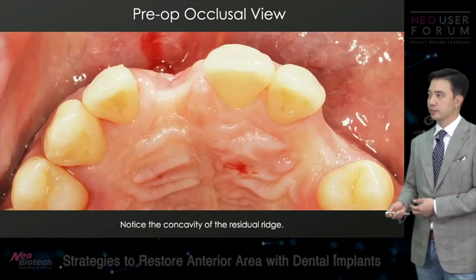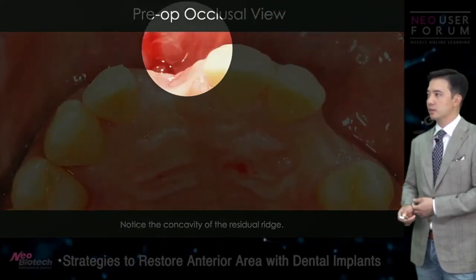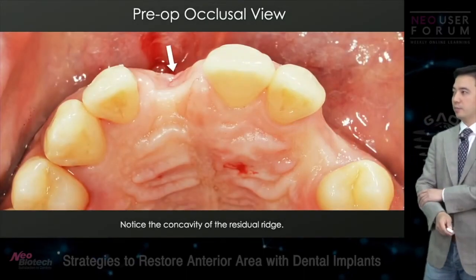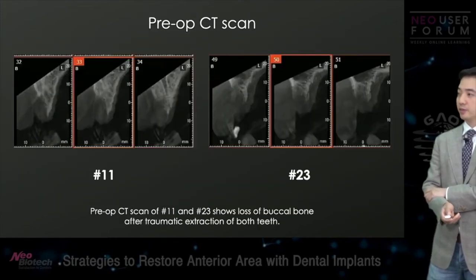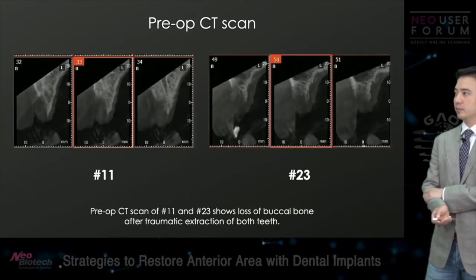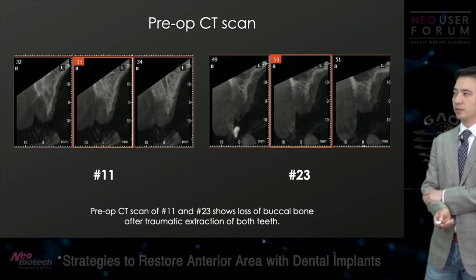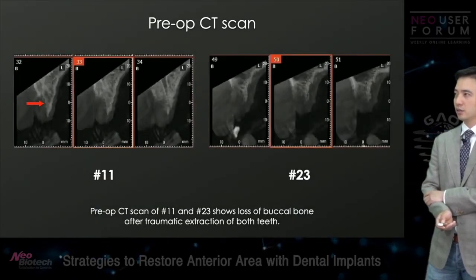As you can see, there's marked bone resorption on the buccal aspect of number 11 and 23. If you look at the CT scan, I think the maxillary buccal bone was fractured in the accident, and there's just no bone.